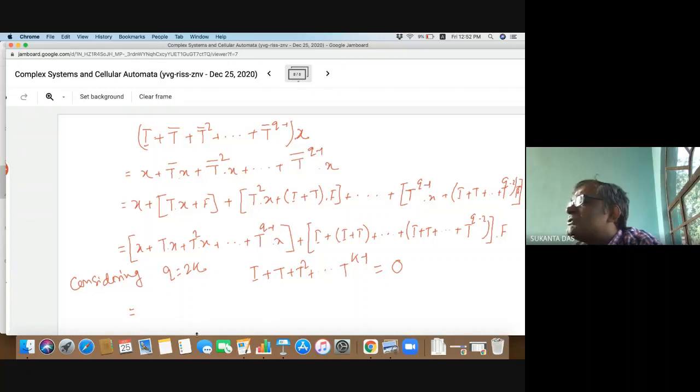If I put it in that part, this part will be 0, right?